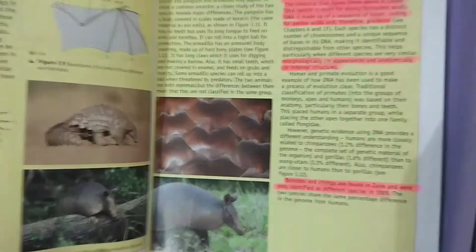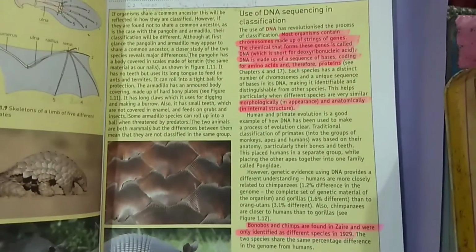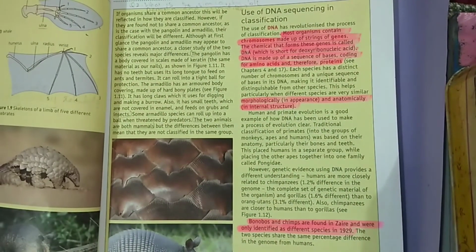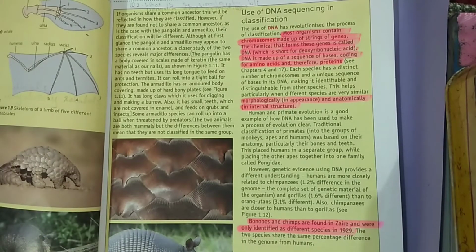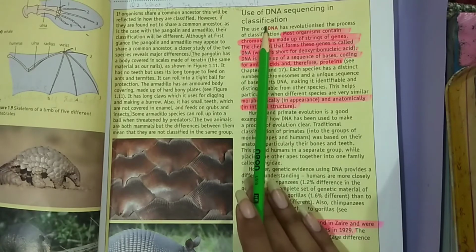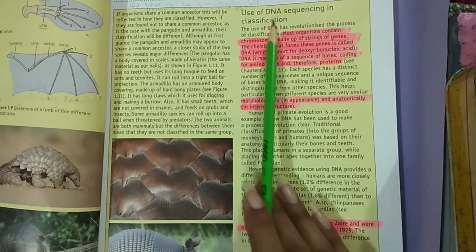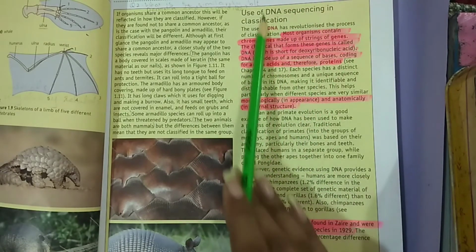Now we discussed that there is an evolutionary relationship. We have also seen how many changes happen due to evolution. All right, so one thing we notice when we classify organisms is DNA sequencing. DNA sequencing is the major point we have to see.